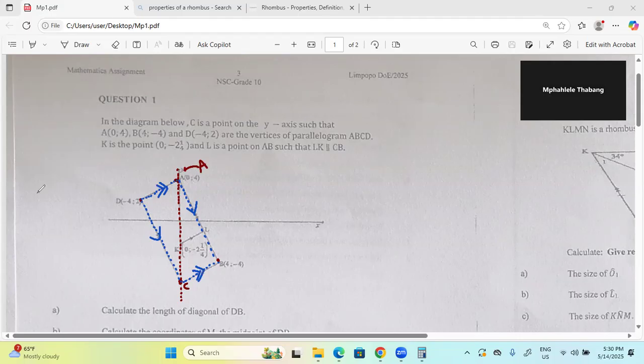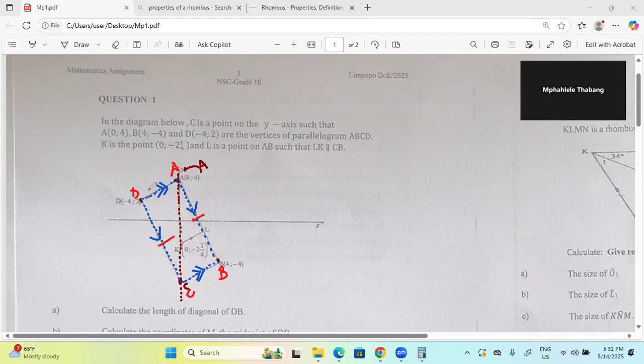So I can say this side of AB, there is A here, there is B here, there is C here, there is D here. So this side of AB, let me just make one tick, is equal to this side of CD. I'm making one tick. So we are saying these opposite sides of a parallelogram are equal.